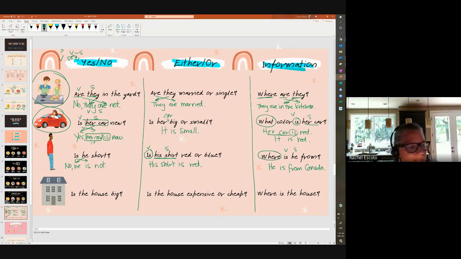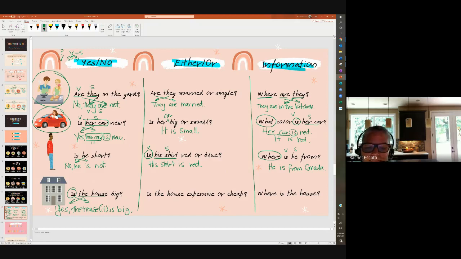Okay, and then my last one here. Is the house big? Here's the subject, here's the verb. We have to switch those around and we say yes, the house, or we could call it it. Yes, the house is big.